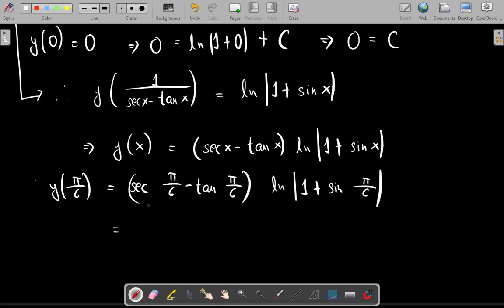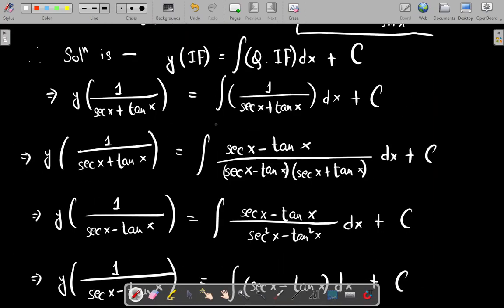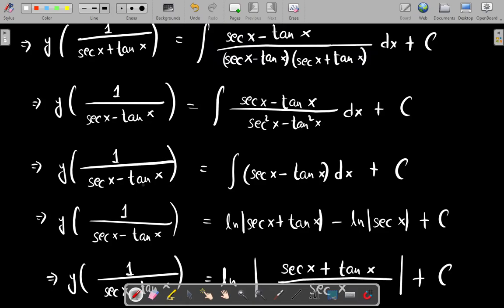Okay, so sec pi upon 6 is reciprocal of cos pi upon 6. Cos pi upon 6 is root 3 by 2. So this is 2 upon root 3. Oh, sorry. This will be a plus.